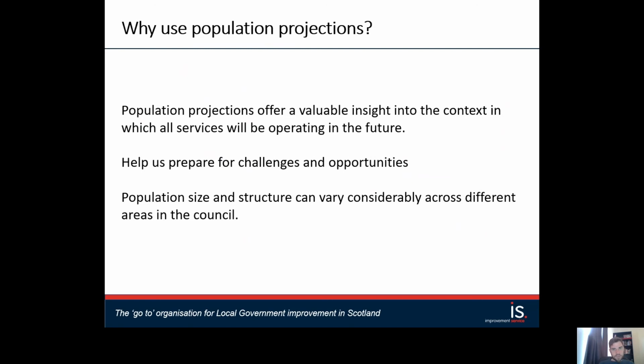Sub-council population projections are even more useful, in my opinion, because they provide a more detailed insight into what's happening below the council level, and population size and structure could really vary considerably across different areas in the council. Some areas might have, for example, a much older population structure. And that allows us then to think about where services might need to be delivered in the future.